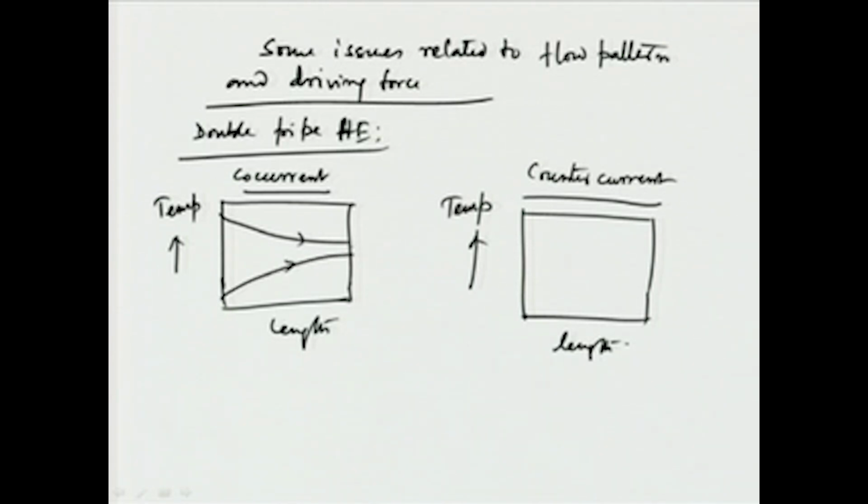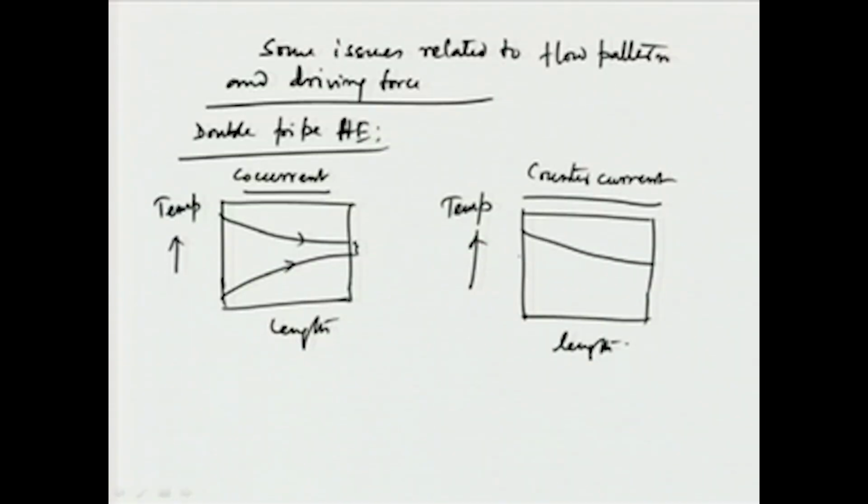So, this is the approach temperature, the maximum possible approach temperature. It can be at least 5 degrees centigrade or even more than that. This is the co-current case, and in a double pipe it is a perfectly co-current or perfectly counter current situation. This is the hot fluid, this is the cold fluid.